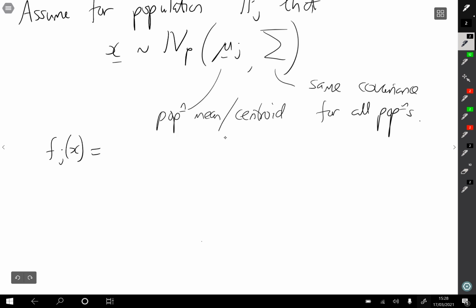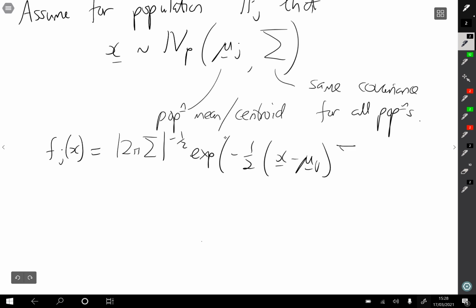The density of our multivariate Gaussian is the determinant of 2 pi sigma to the negative square root, times e to the minus a half x minus mu j transpose sigma inverse x minus mu j. Our discriminant rule is the value of j that maximizes this.